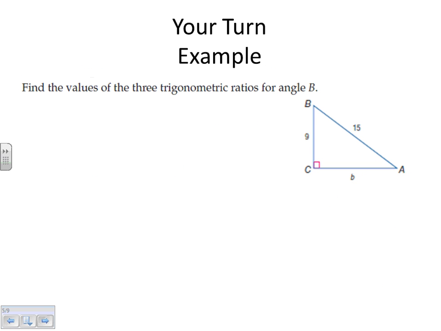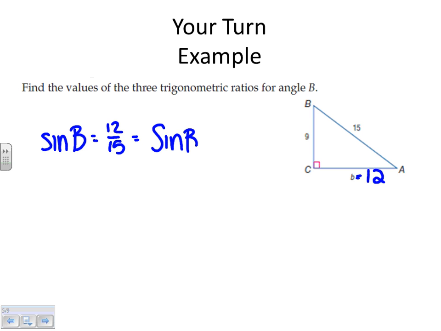Okay, same triangle. I'd like you to try and find the trig ratios for angle B. And we just solved this, so you don't actually have to solve this again. And that was 12. Replay me when you're ready for the answer. Okay, so sine of B was 12 over 15, which reduces to sine B equals 4/5.